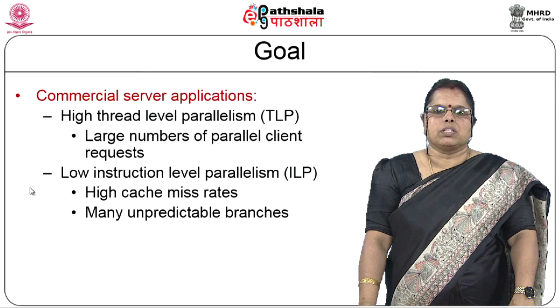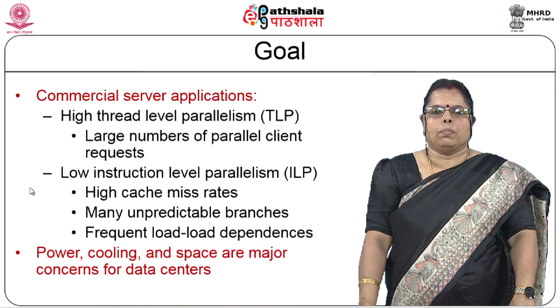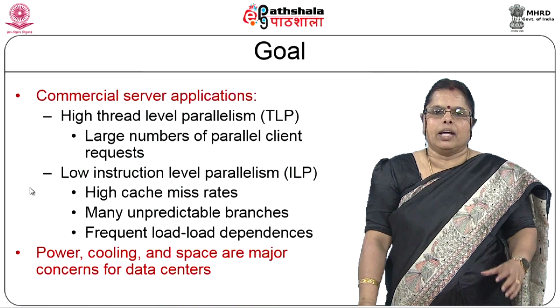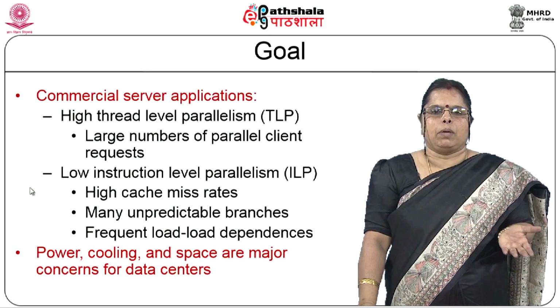Because of that you might have high cache miss rates, many unpredictable branches and frequent load dependencies. So commercial server applications are very high on thread level parallelism and low on instruction level parallelism.